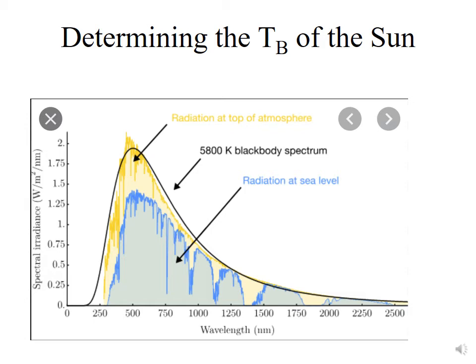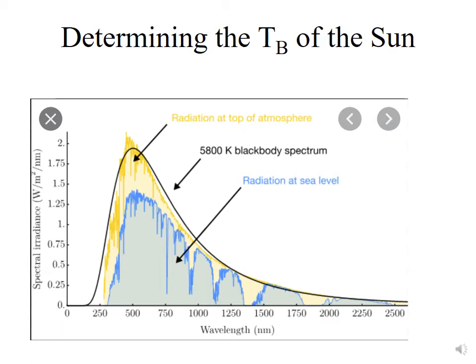ground. Because the atmosphere absorbs different types of radiation differently, and so you'll end up with a very different radiation distribution at sea level, which is shown in the blue. So because of that scattering and absorption within the Earth's atmosphere, the amount of radiation received at the sea level is reduced in some cases by not much, but at other wavelength bands significantly reduced.